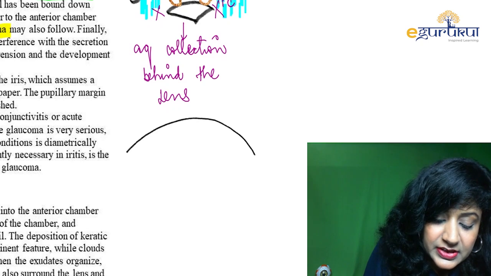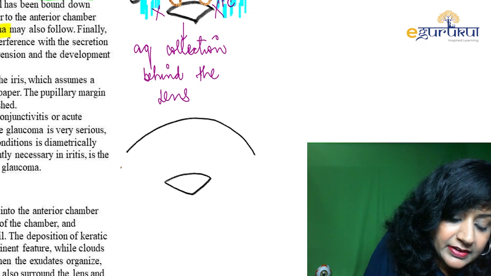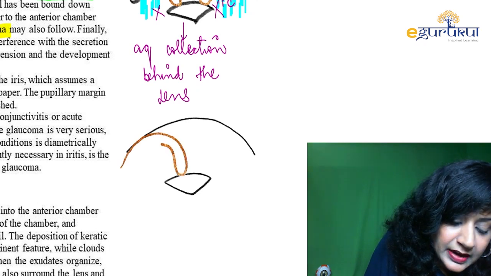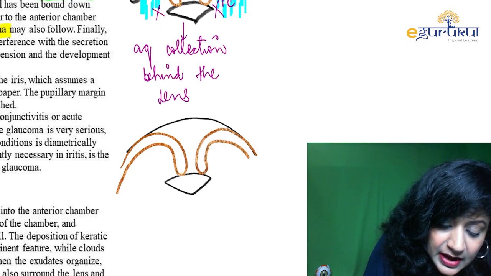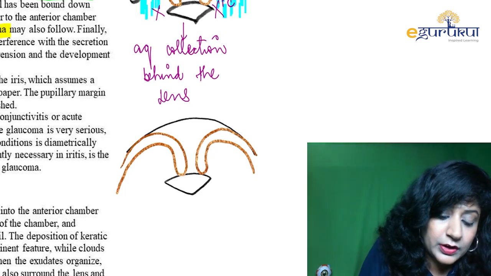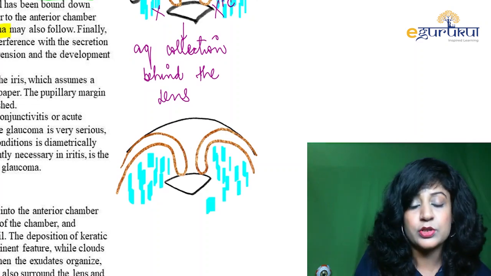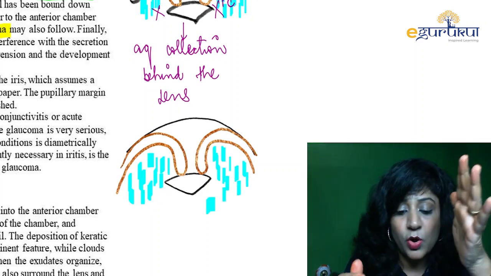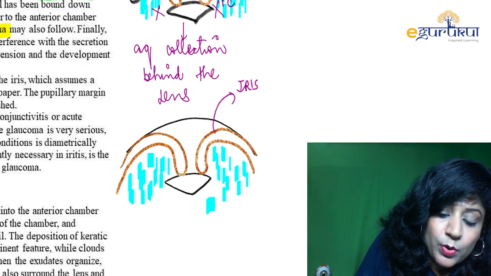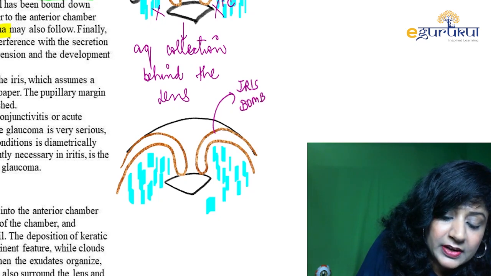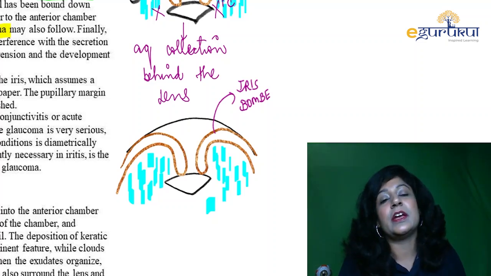This is your iris here, and this is your lens, and the whole of the iris will be pushed anteriorly like this. And we have a lot of aqueous collection here also. So basically the iris is touching the cornea, and that is called iris bombé formation. I hope it's very clear what iris bombé formation is. So it is the adhesion, ballooning of the iris over the cornea.